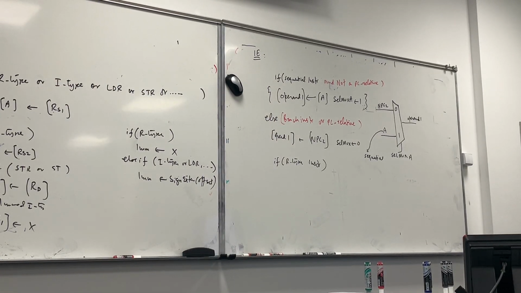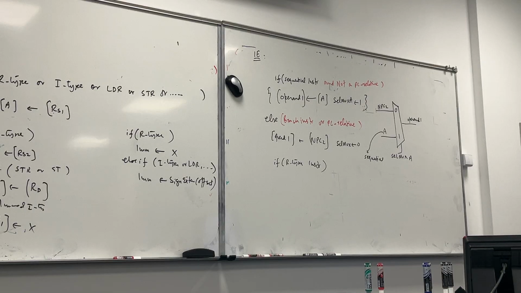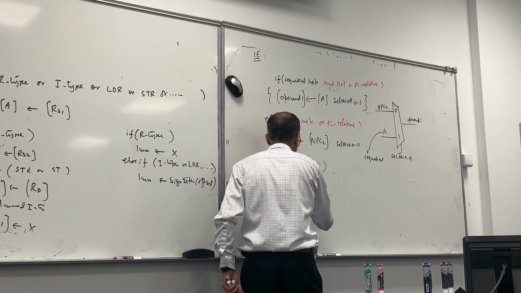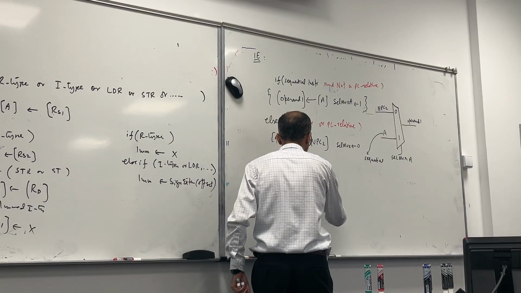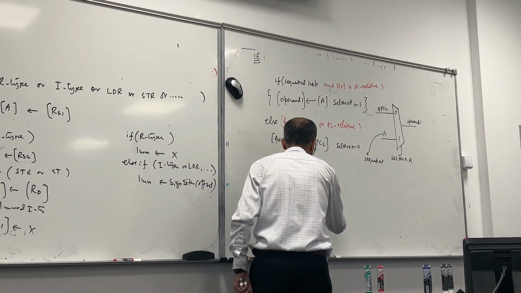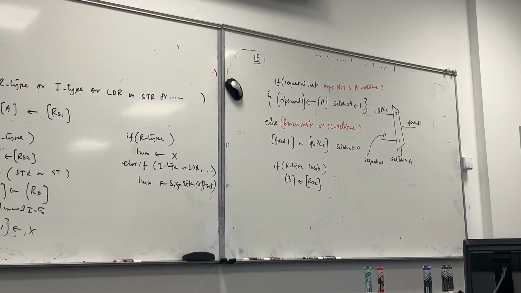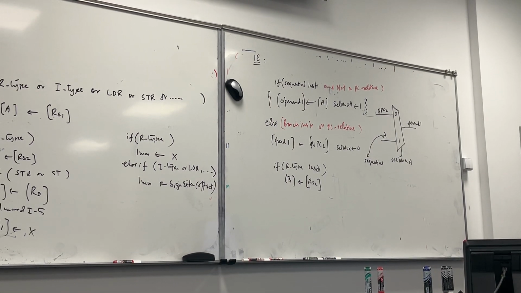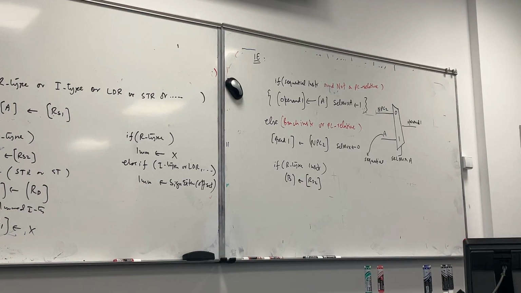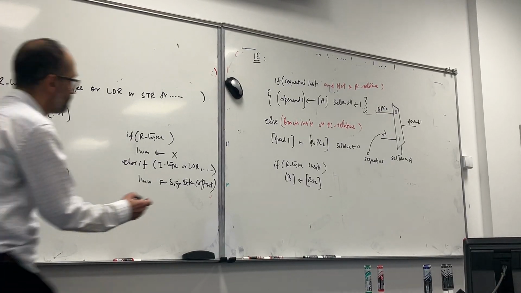Tell me. RS2. Very good. If it is R type instruction, B will be RS2.